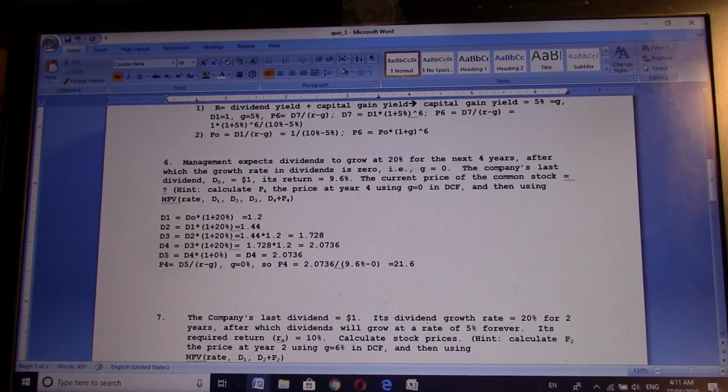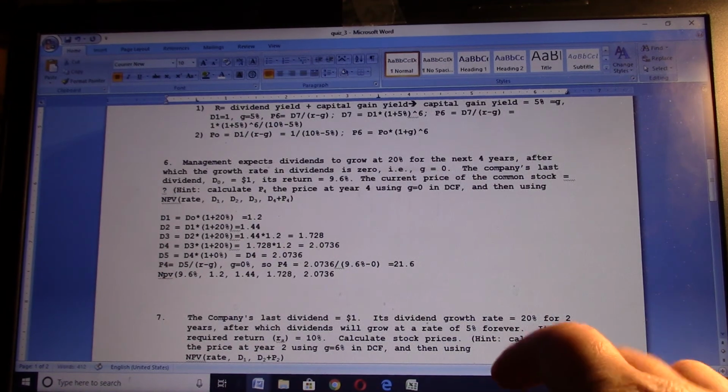Okay, now since we know the cash flows for holding the stock, we use the NPV function: 9.6%, first dividend, second, third, and the fourth one, plus the price.